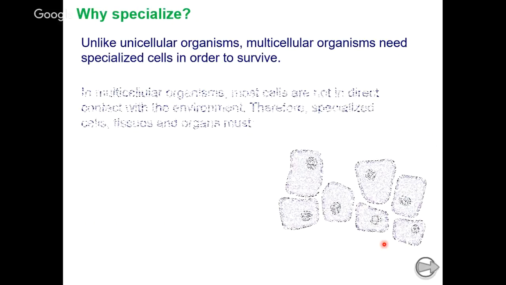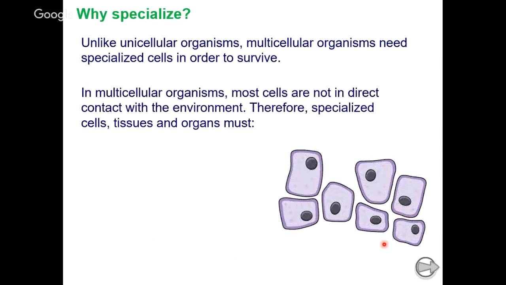Why bother to specialize? Well, in a big multicellular organism, I might be a little cell very far away from the outside environment. And in that case, I won't be able to, for example, receive all my oxygen and the food that I need just by diffusion.